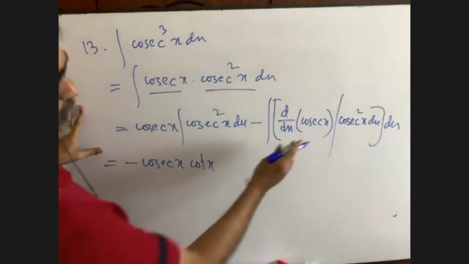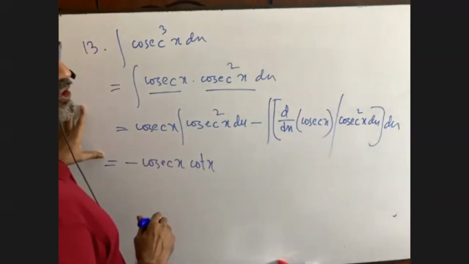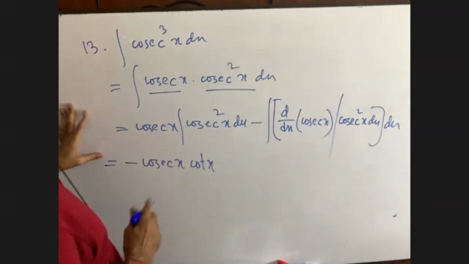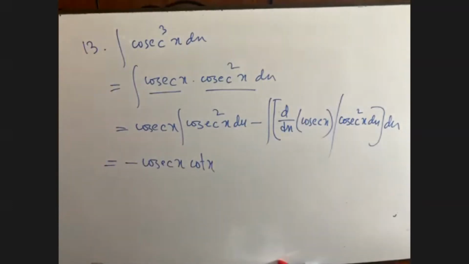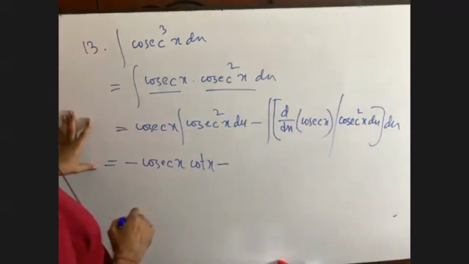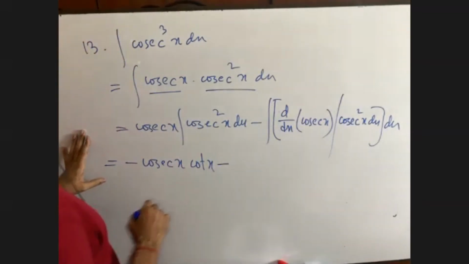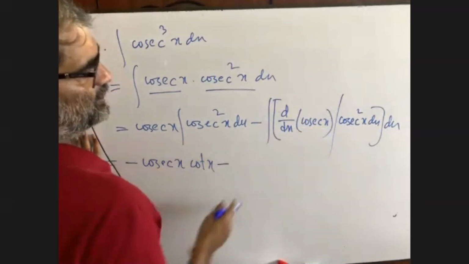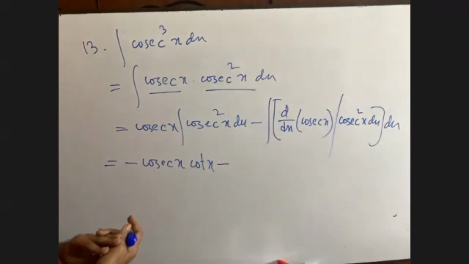Now you see, what is the differentiation of cosec x? Talk to me. Differentiation of cosec x equals what? Minus cosec x cot x. Yes, you are right.